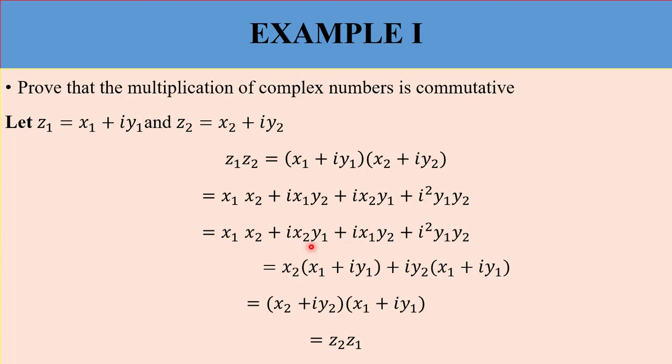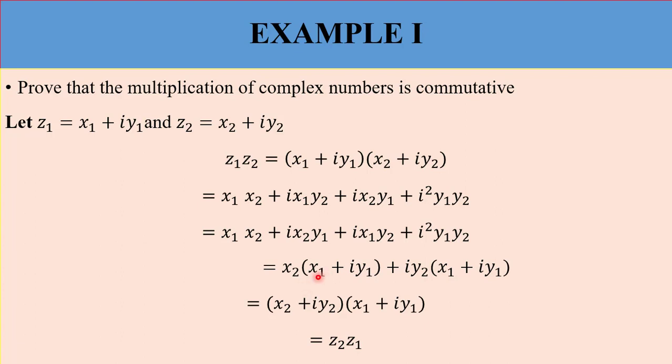So we can pull out x2 in these two terms because it is common. So we shall have x2 into (x1 plus iy1). Then in these two terms, we have iy2 being common, we can pull it out. So we shall have iy2 into (x1 plus iy1).